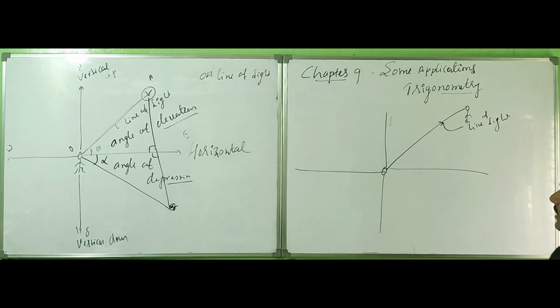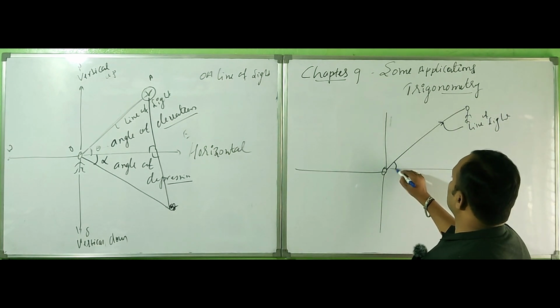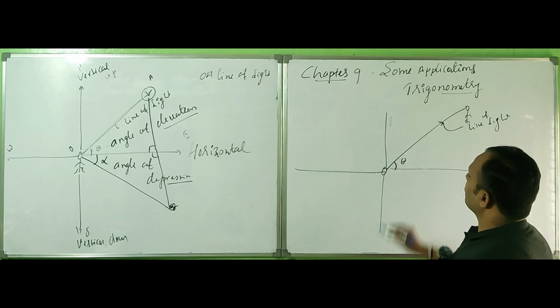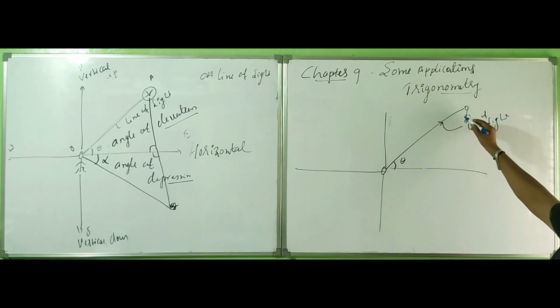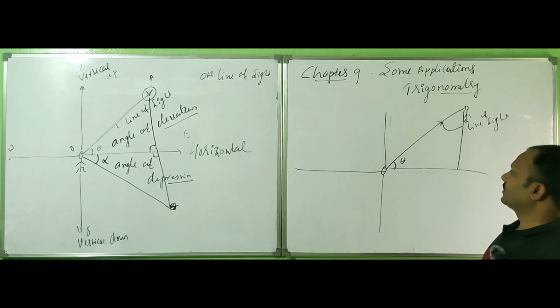But if they give this as theta, still here you can take the distance also, this one, the opposition. But here you should consider this one.